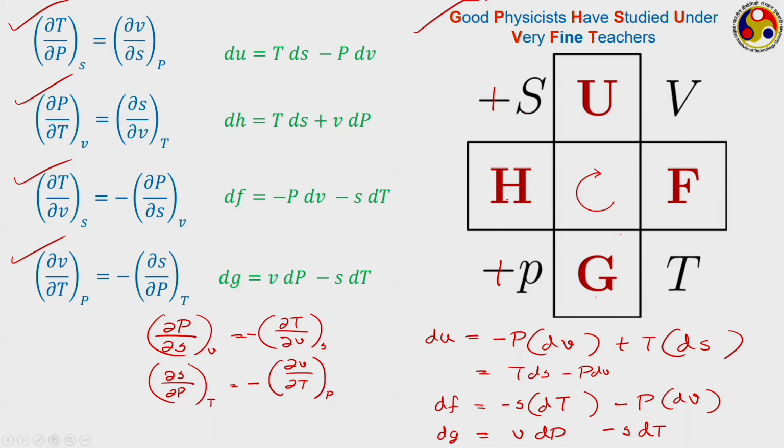Once you go in the clockwise direction, starting with G at the bottom, you can easily get this. So, these are the Gibbs equations and subsequent Maxwell's relations, where we are finding an option of relating the derivatives of entropy with temperature, volume, specific volume and pressure.